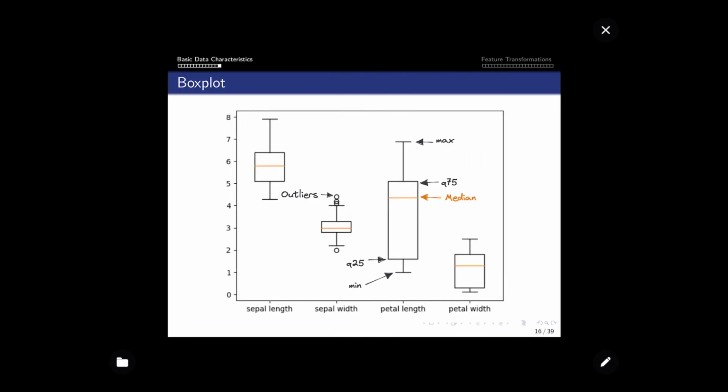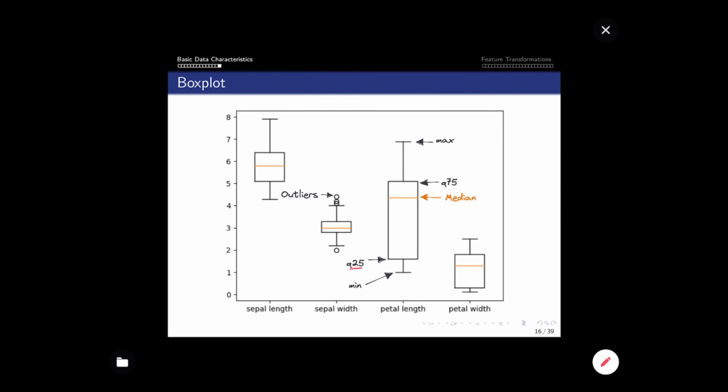And then you can also do a box plot, which is usually a really nice visualization of the statistics of your data. So here we have the features. And then we have here the median, which is indicated by this middle line. And then we have the quantiles, the 75% quantile and the 25% quantile indicated by this box here.